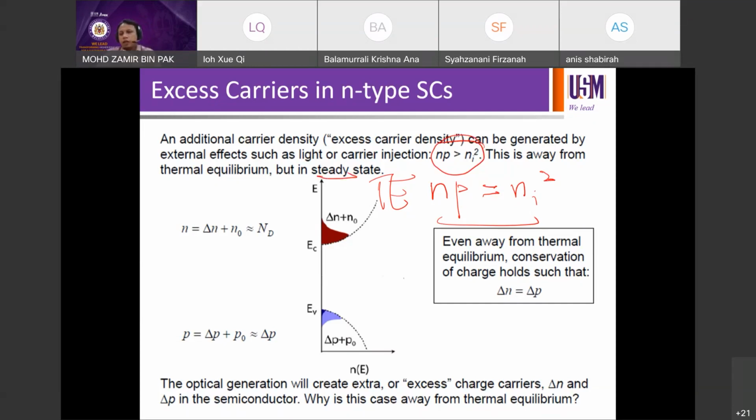So let's recall. What conditions need to be met in order for us to have a steady state condition? Anyone? How to make sure your semiconductor is in steady state condition? Bala said properties don't change.